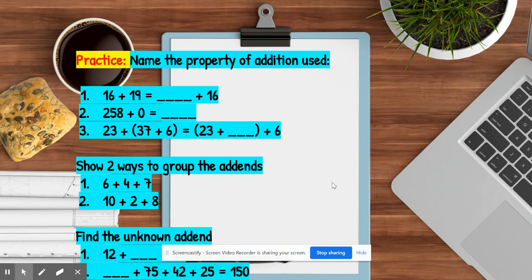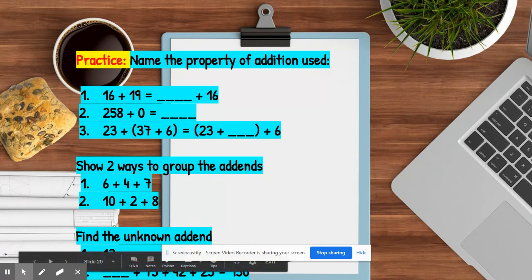So blank plus 75 plus 42 plus 25 equals 150. What are we going to have to do first to find the missing number here? Mason, what are we going to have to do first on this bottom problem?